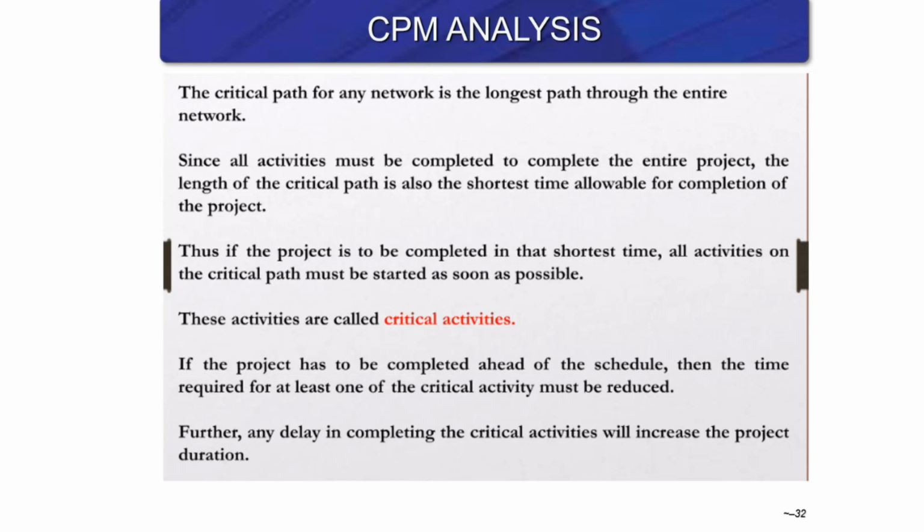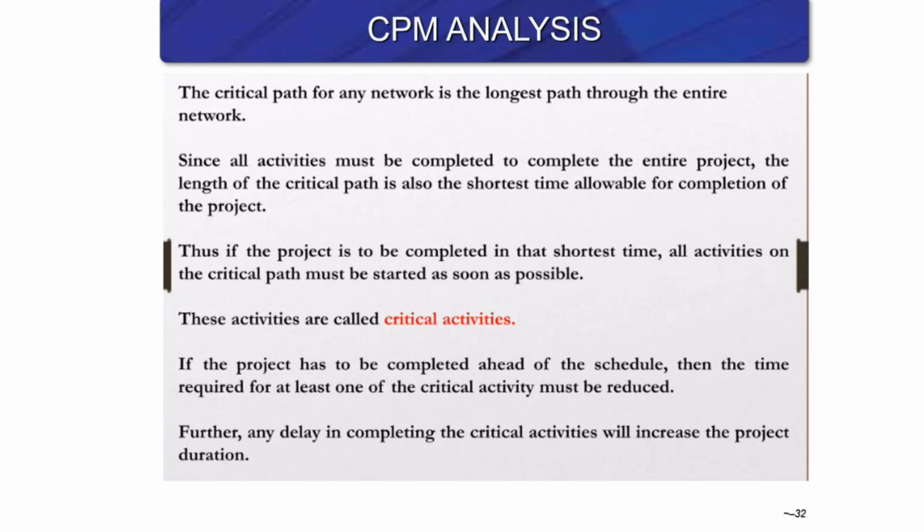So it's quite easy to understand mathematically as well. When things are very vague and not specific, you don't get the overall timing easily. But when you get specific timing and know the dependency of each task, then you can get the overall timing quite accurately. If the project has to be completed ahead of schedule, then the time required for at least one of the critical activities must be reduced.